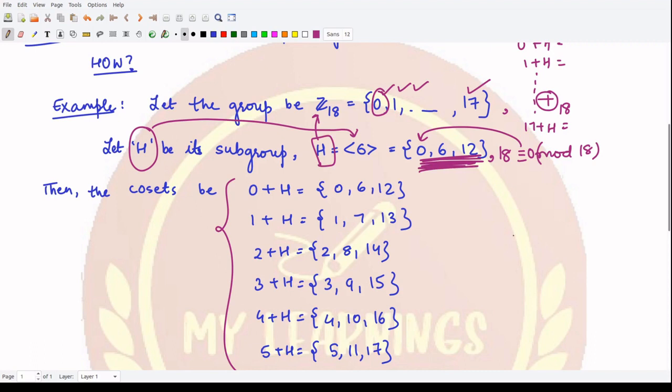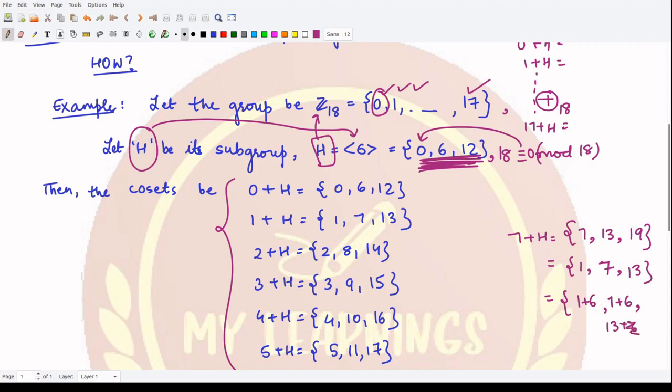And similarly, if you wanted to construct 7 plus H, what would it be? 0 plus 7, which is 7. 6 plus 7, which is 13. And then 12 plus 7, which is 19. So you see, 7 could be written as 1 plus 6, 13 could be written as 7 plus 6, and 19 could be written as 13 plus 6.